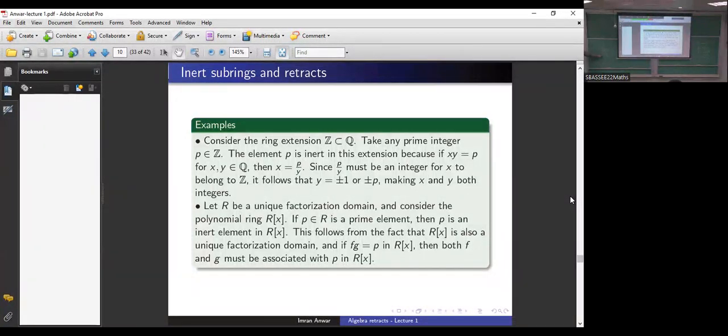We don't know. I agree with you. Each time one of them has to be one, but we have to show it. Now I got the issue. Or maybe the definition is wrong. If you go back to the definition of an inert element, it should not be.